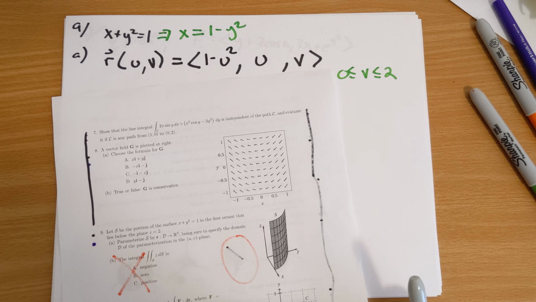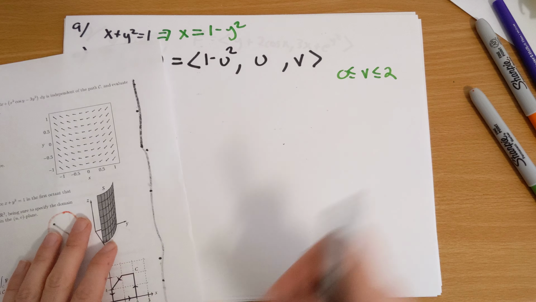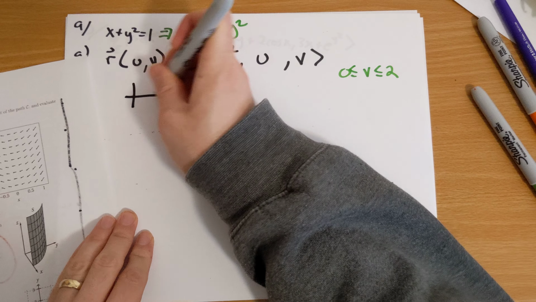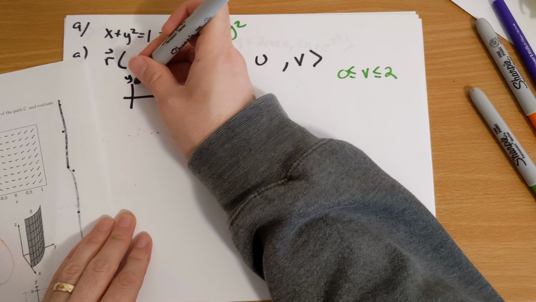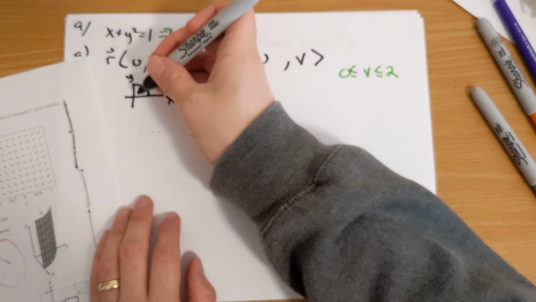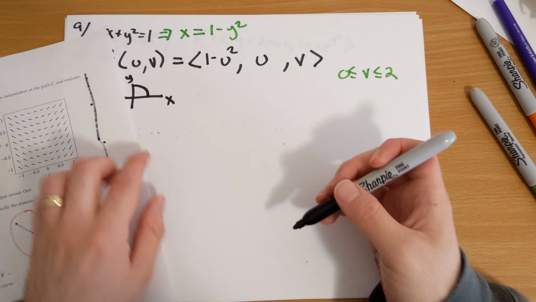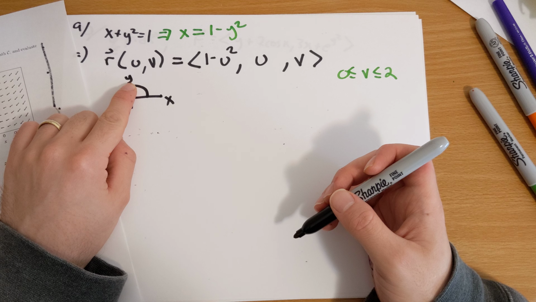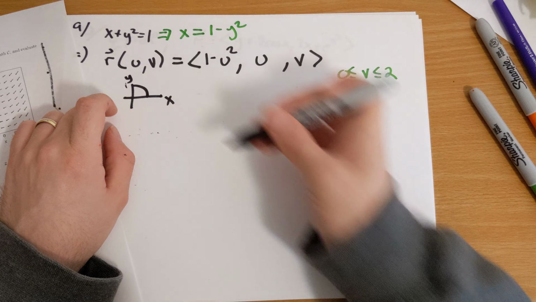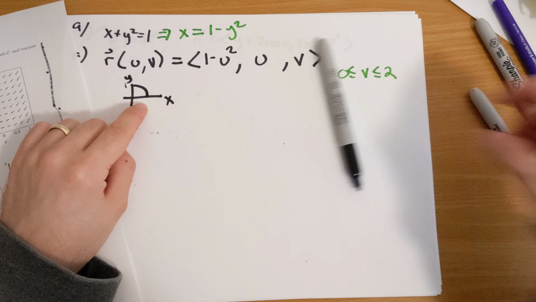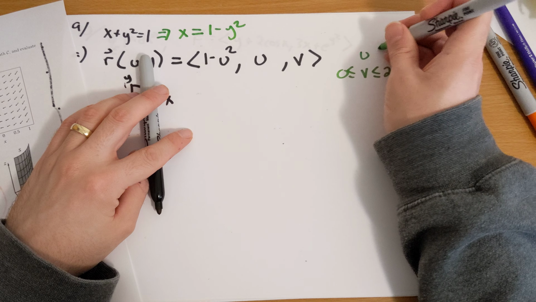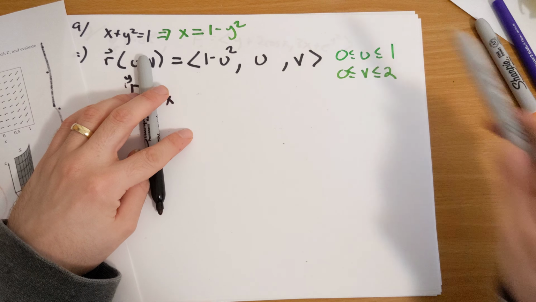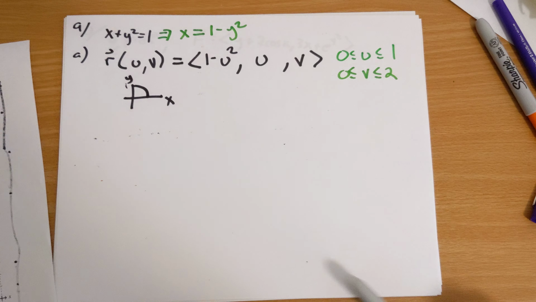And from the picture here, in the xy plane, it looks like this. It doesn't take too much to see that the biggest y can be here is 1, and so our bounds on u are going to run from 0 to 1. Okay, so this is our parameterization.